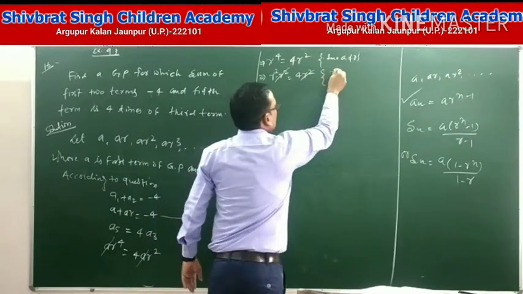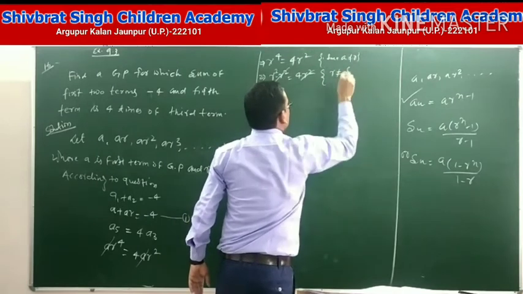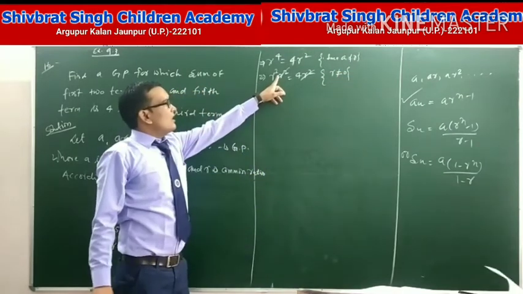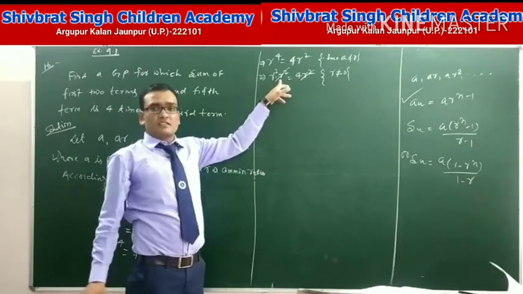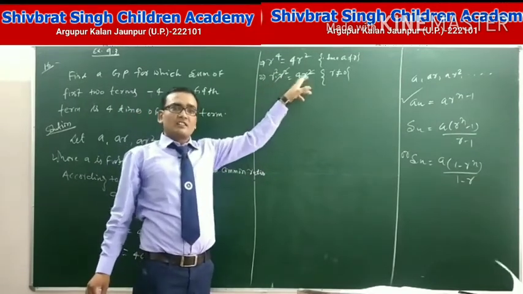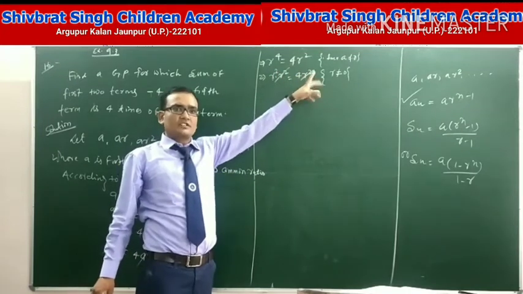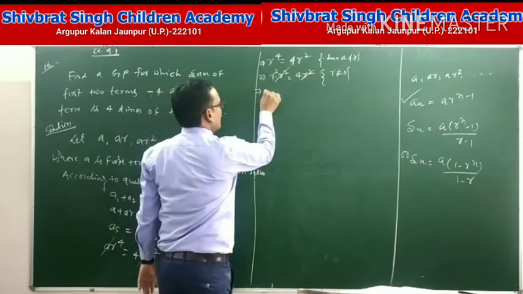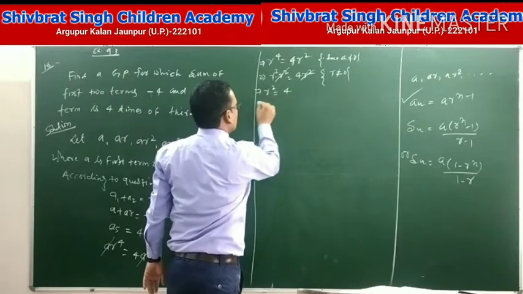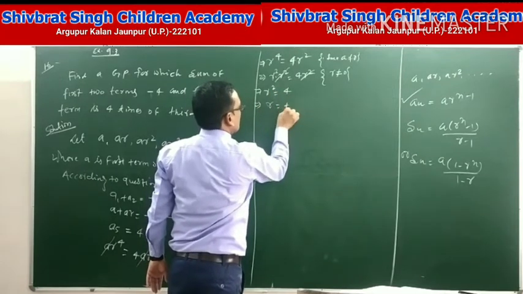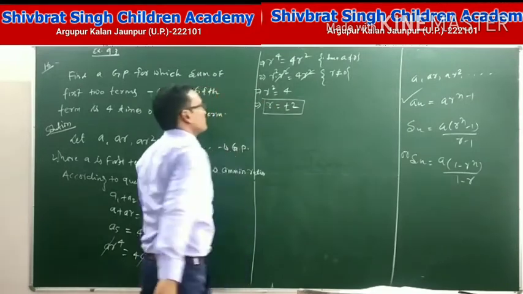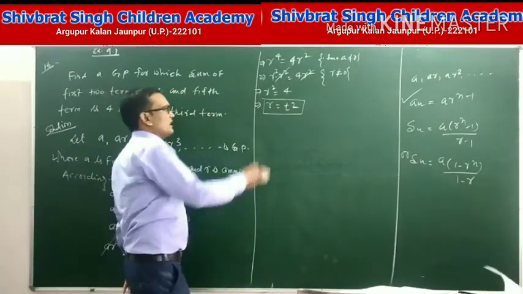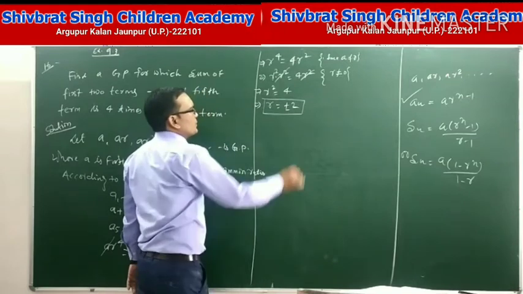Here r does not equal 0. If r is 0, then this cannot be cancelled on both sides. This implies that r square equal to 4. This implies that r equal to plus minus 2.